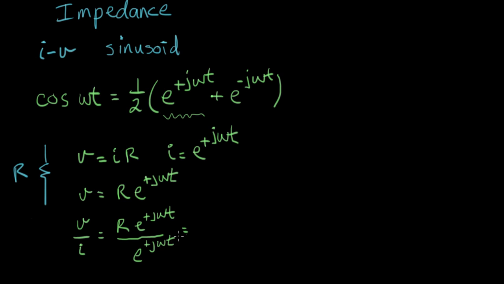And what does that equal? Well, these two are the same, so they cancel, and I get the ratio of voltage to current is R for a resistor. So for a resistor, we just proved that V over I equals R.